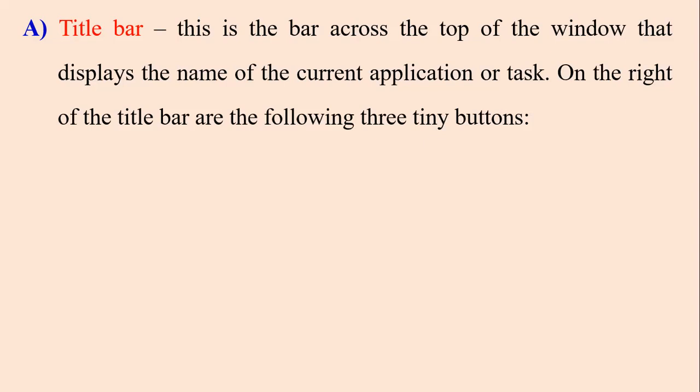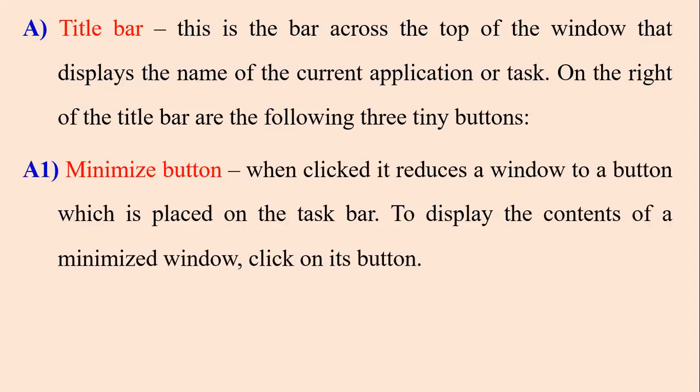On the right of the title bar, we have the following 3 tiny buttons as we have seen. The first one is the minimize button. When you click on the minimize button, it will reduce the window that is open to a button which is placed on the taskbar.